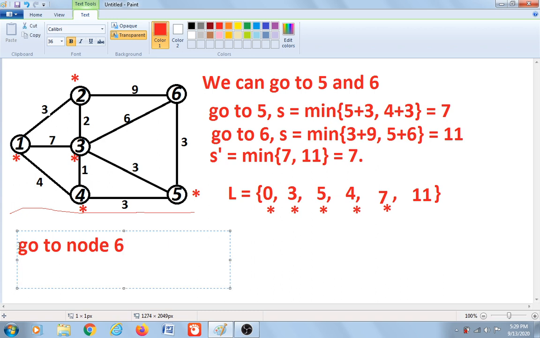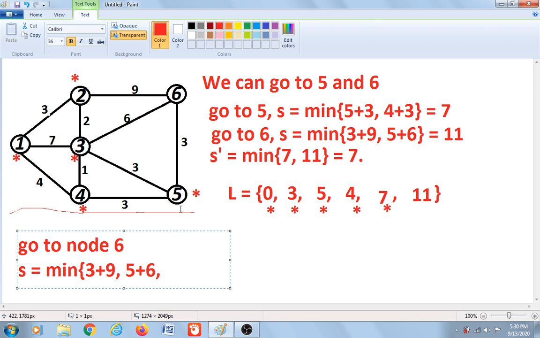Okay, so go to node 6. Okay, we can go to node 6 from 2, from 3, and from 5. So S is gonna be the minimum of, if we go from 2, here we have 3 plus the distance 9. If we go from 3, here we have 5, and the distance is 5 plus 6.